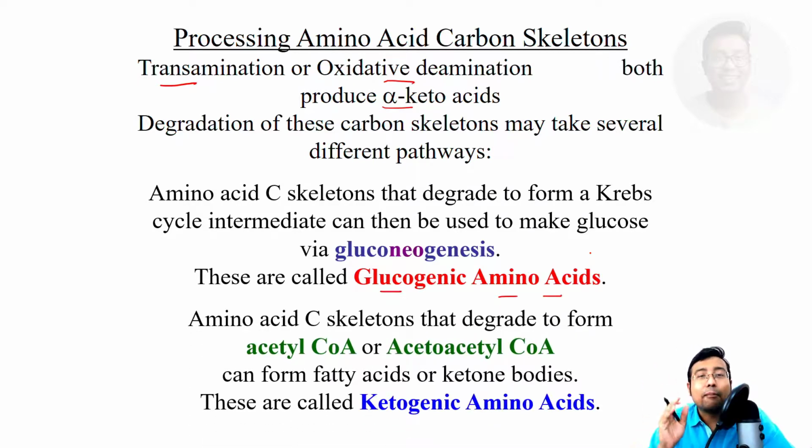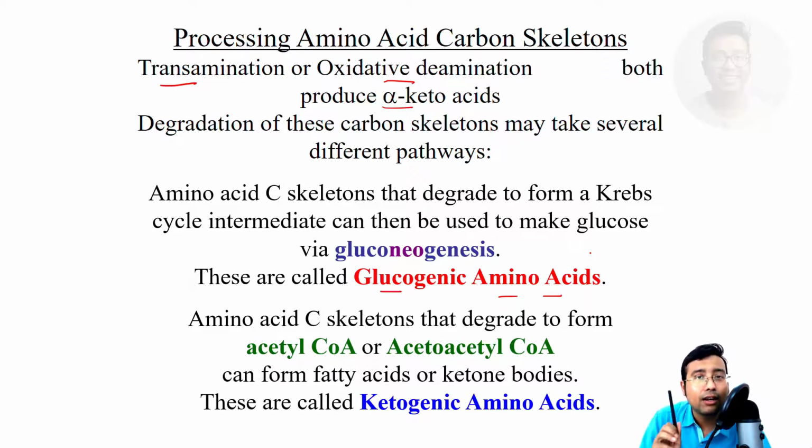And the amino acid carbon skeletons that degrade to form acetyl coenzyme A or acetoacetyl coenzyme A, I will be telling you how each and every amino acid degrades in individual amino acid metabolism. For now, you should just know amino acid can have two fates. Either it is converted to carbohydrates or to ketone bodies. One which is converted to carbohydrates is known as glucogenic amino acid, that is, it produces glucose.